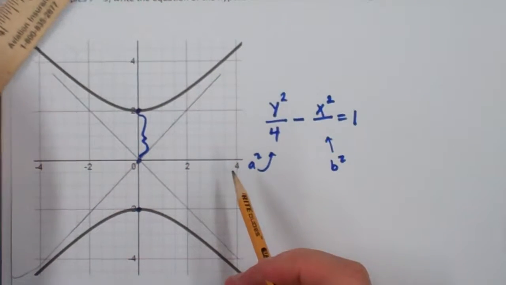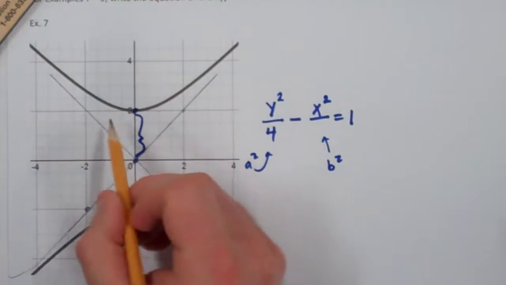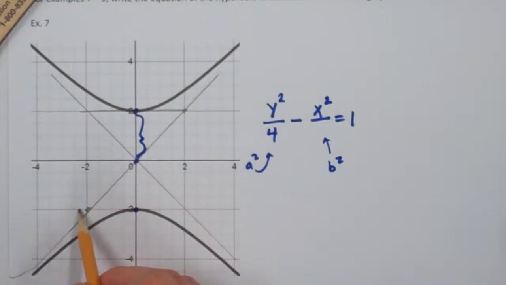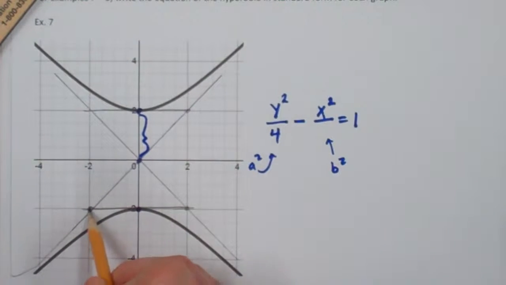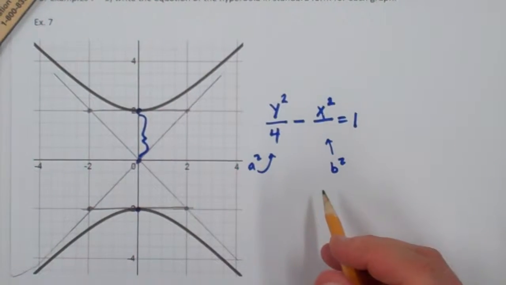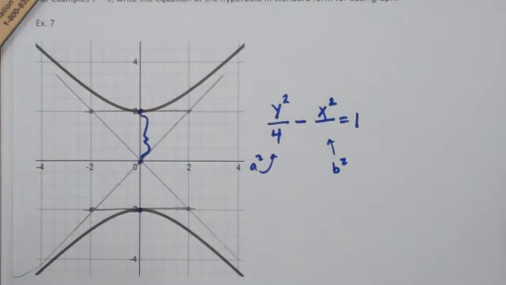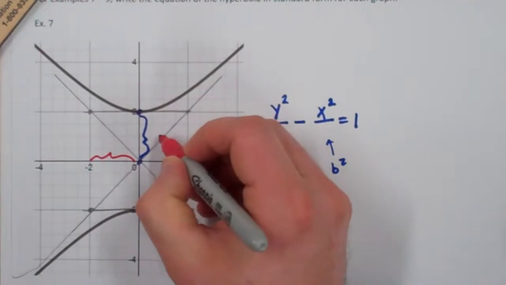And you can tell that if we were to take a line here through each one of the vertices, each one of those asymptotes is going to go right through these points right here. So to find b is just going to be the distance that is formed on the conjugate axis right here.